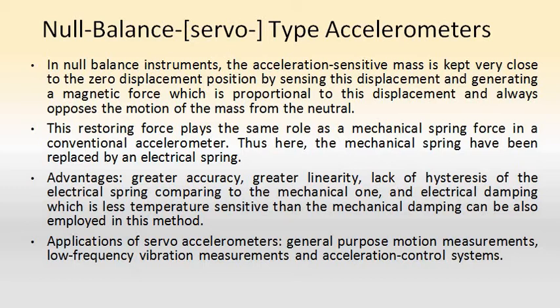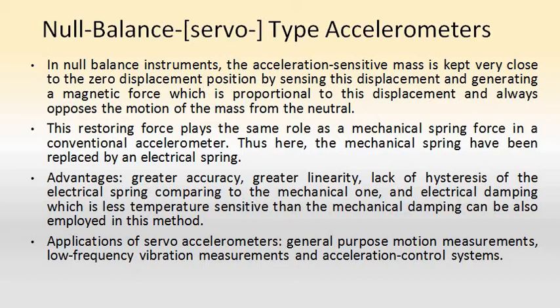These accelerometers are also known as servo accelerometers, and they use the principle of feedback. They are developed for applications that require greater accuracy, and this is achieved using mechanical springs and force to displacement transducers and so on.